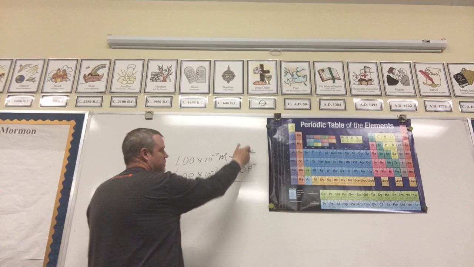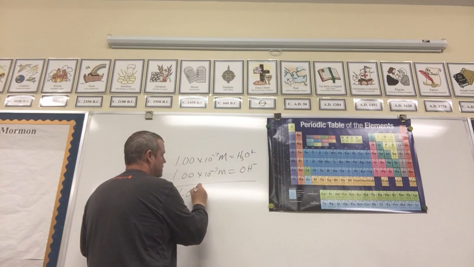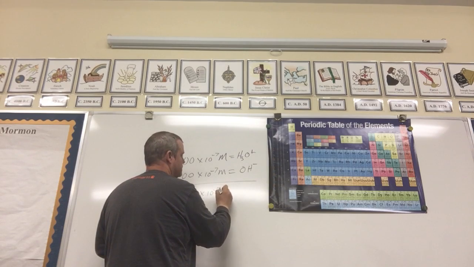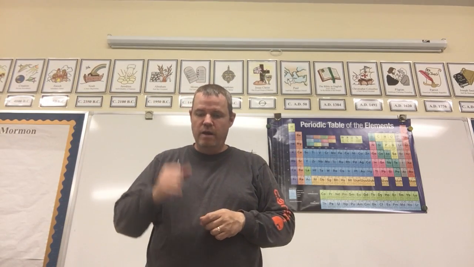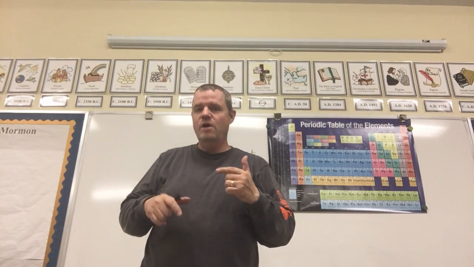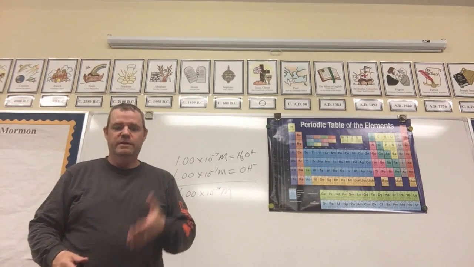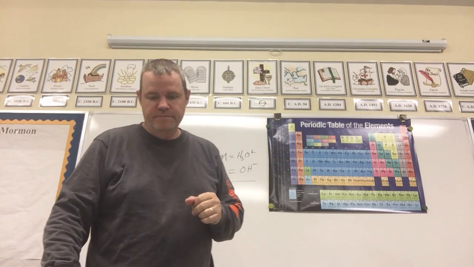So the total of these ions together will be 10 to the minus 14th moles of ionic particles floating around in your solution. Now, this is so rare that it's pretty much pure H2O. At those low levels, there's very little going on there.